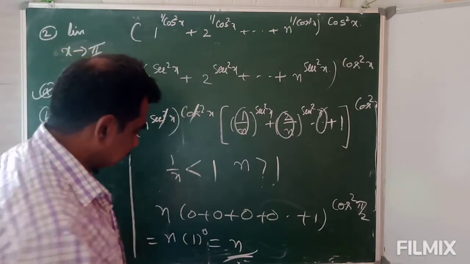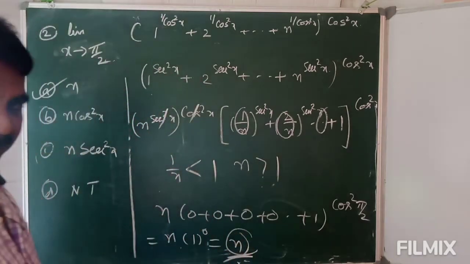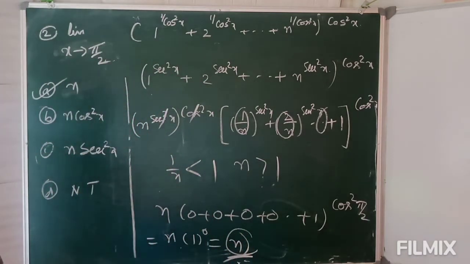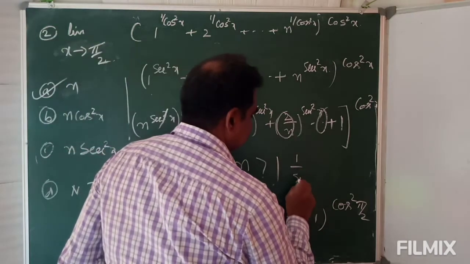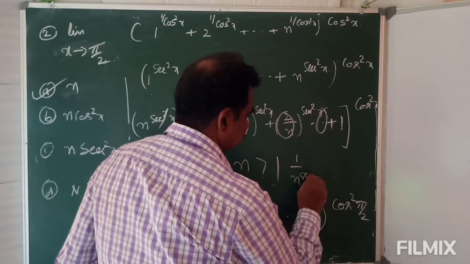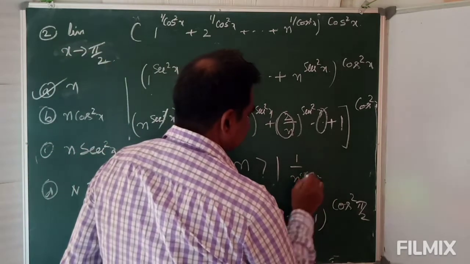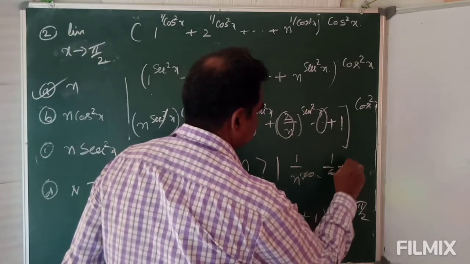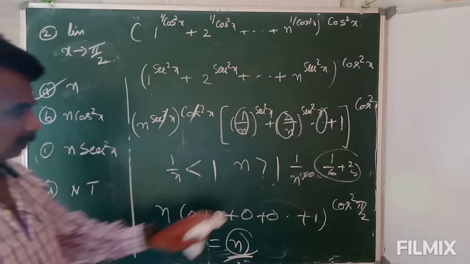Therefore this is equal to n. Understand? See, 1 by n power secant square. What is secant pi by 2? Infinity. n power infinity, 1 by infinity plus 2 by infinity, all are 0 up to 1. That also comes.